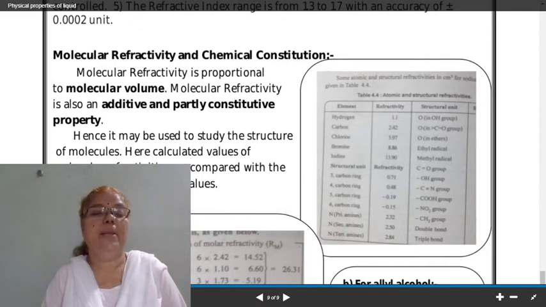Here simply we have to compare the molecular refractivities, the observed and experimental values. If the observed and experimental values are very close to each other, then that structure is the correct one.